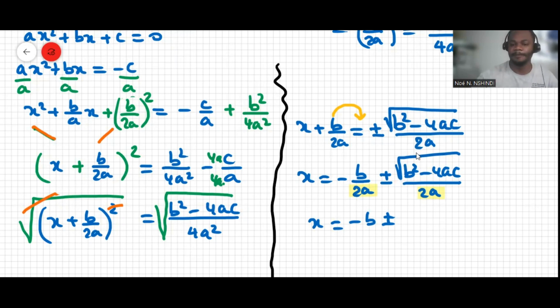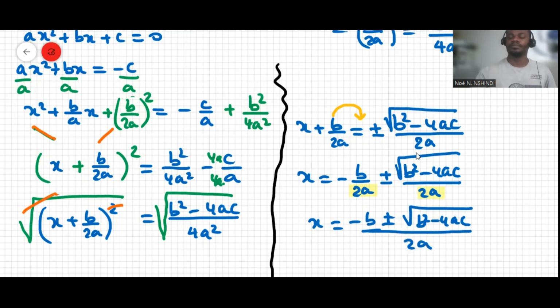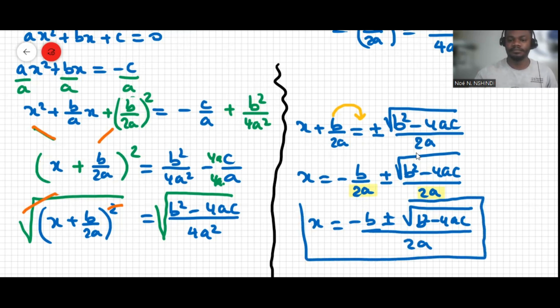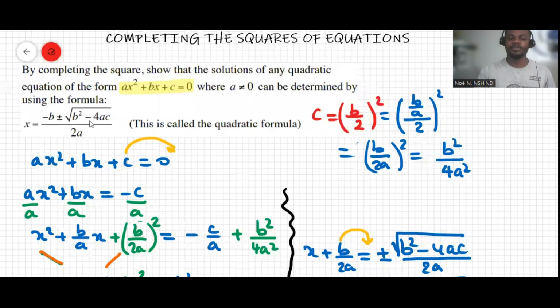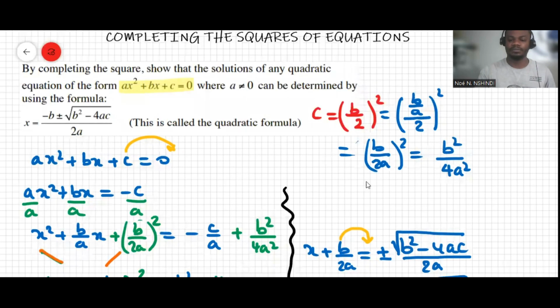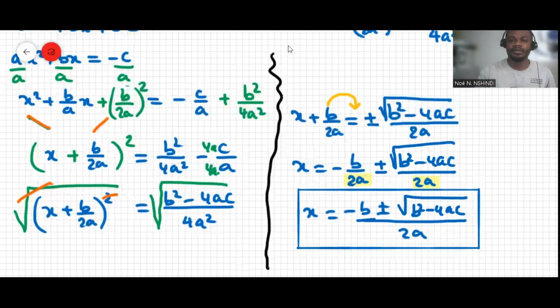So this will be the square root of b squared minus 4ac, all over 2a. And that's the solution of the quadratic equation as given here. Minus b plus minus square root of b squared minus 4ac over 2a. Here it is. Thank you.